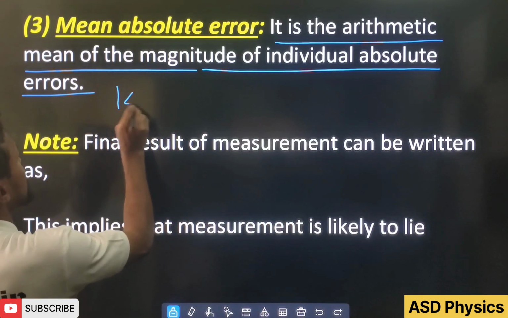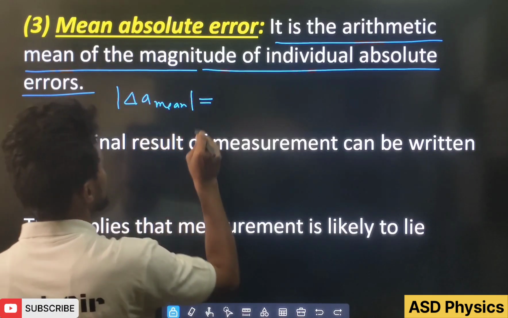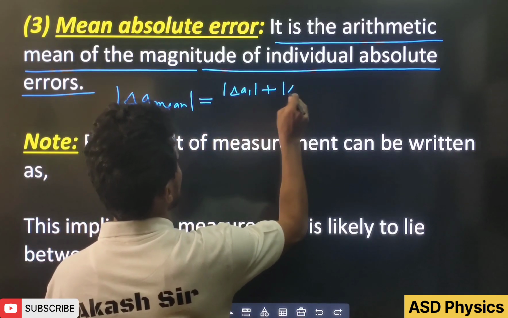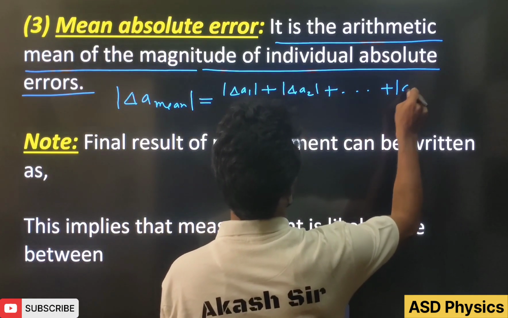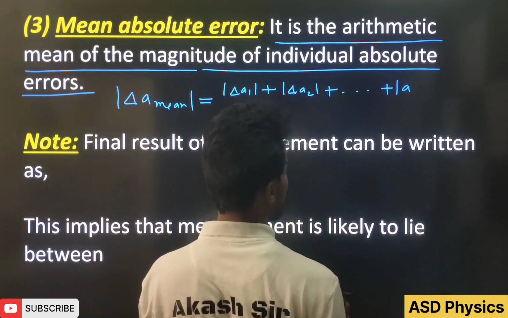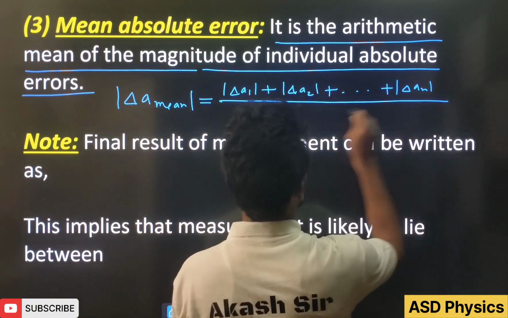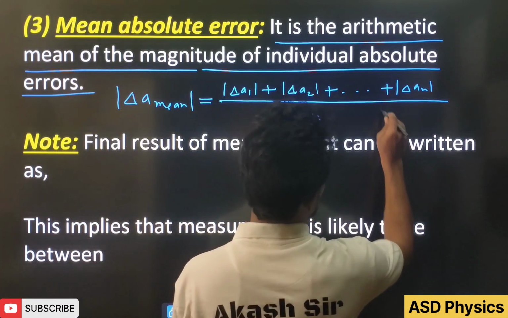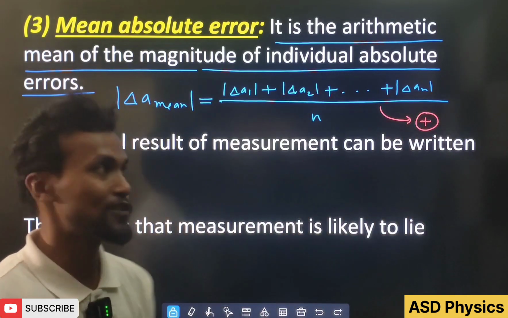So mean absolute error, we always put in a mod: delta A mean is equal to mod delta A1 plus mod delta A2 plus dot dot dot plus mod delta AN, divided by N. And this will always come out positive, because we are taking the magnitude.